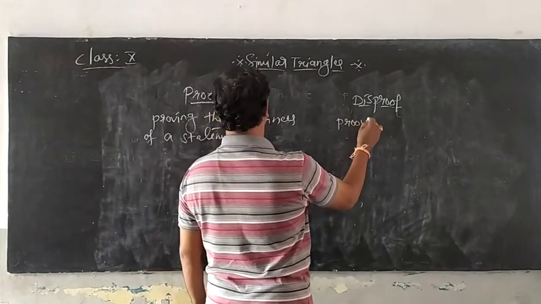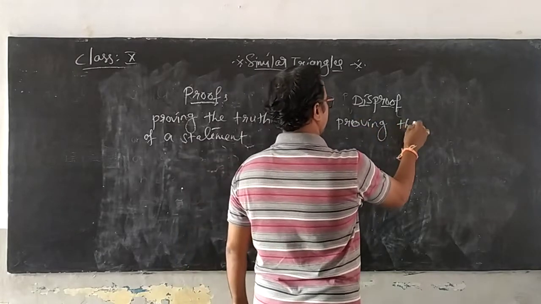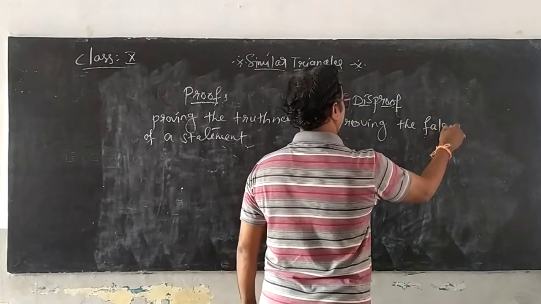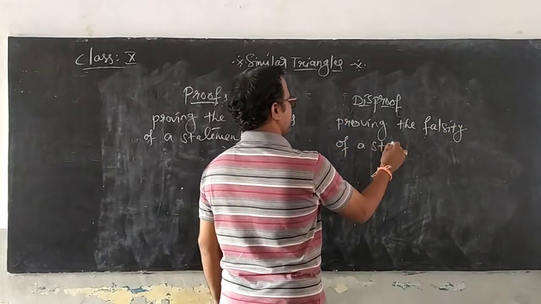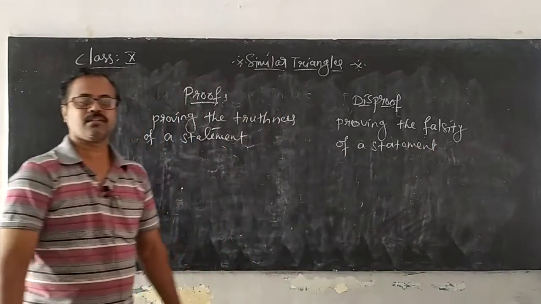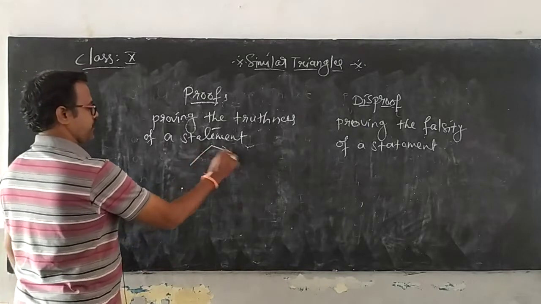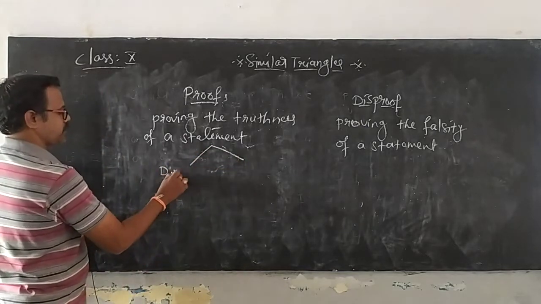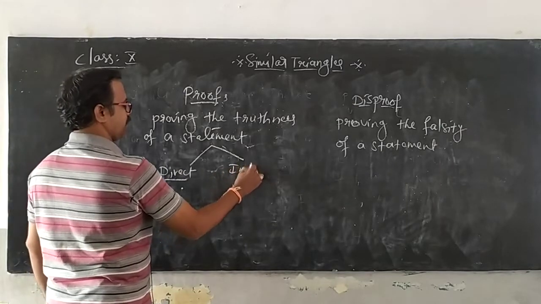Proving the falsity of a statement is called disproof. For proof we have two methods: one is called the direct method, and another one is called the indirect method.